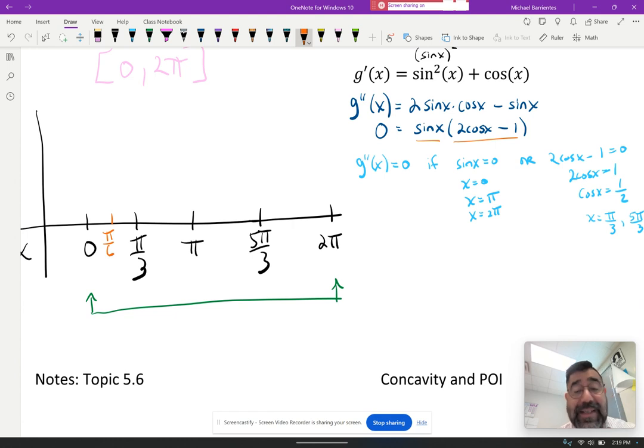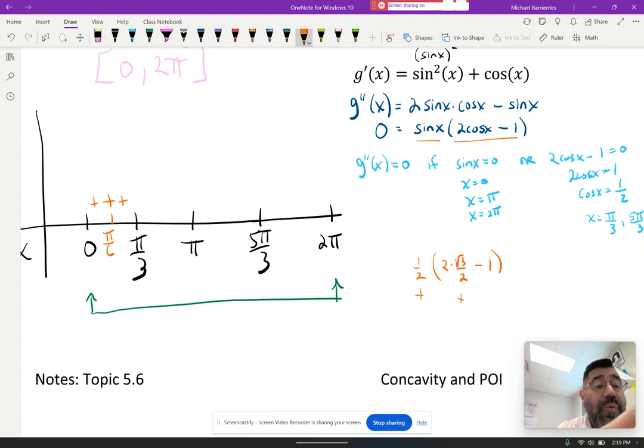Substituting it in, sine of pi over 6 is 1/2, and cosine of pi over 6 is square root of 3 over 2, minus 1. So this is positive. These cancel, and I'm just left with the square root of 3 minus 1, and that's positive. So these are positive in between these two.